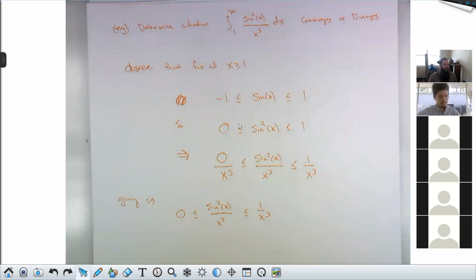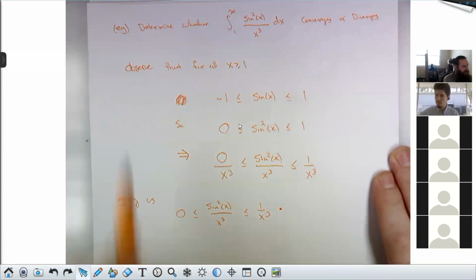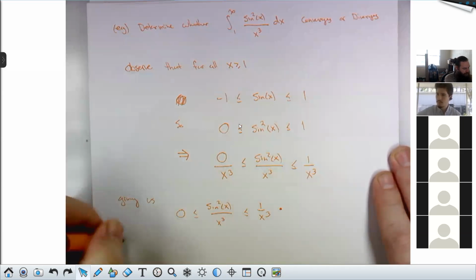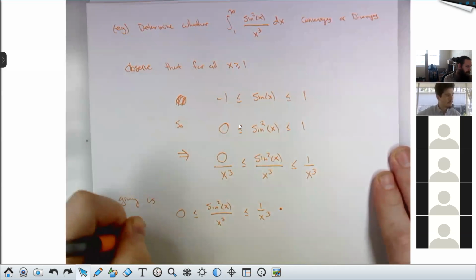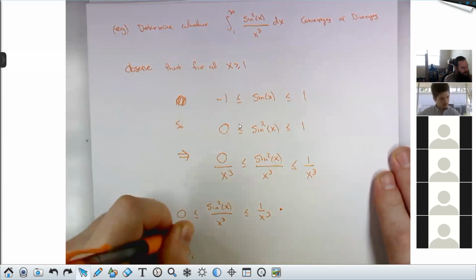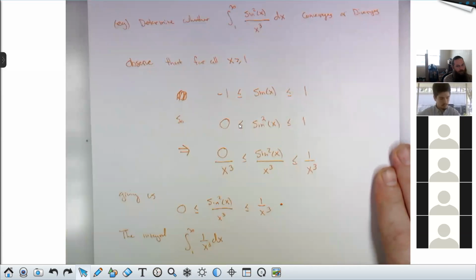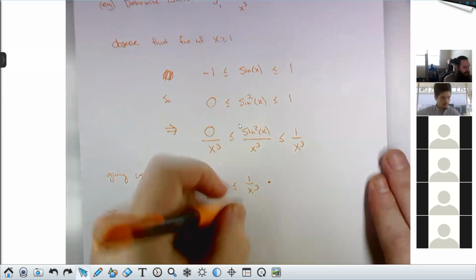Okay. Here's where my theorem is going to come in handy. So this period, right? We're working in full sentences. Observe that, blah, blah, blah, so therefore giving us blah. The integral from 1 to infinity of 1 over x cubed dx on its own is a p integral.